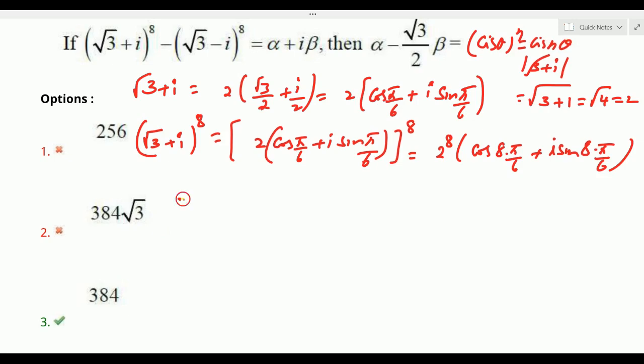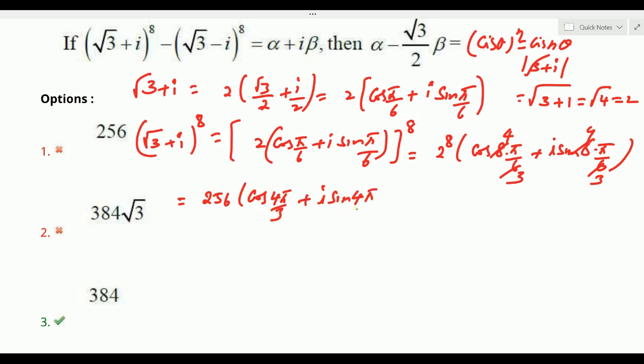Okay, now 2 power 8 is 256. 256 times of 8, 2 4s, 2 3s. 2 4s, 2 3. Okay, this is cos 4 pi by 3 plus I sin 4 pi by 3.